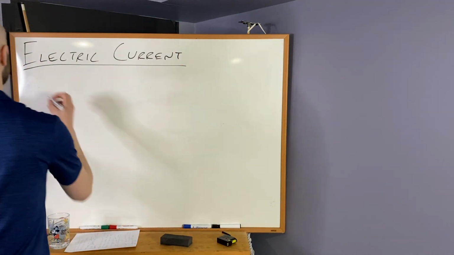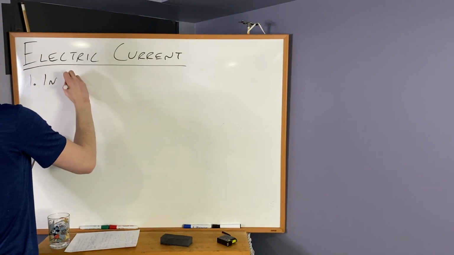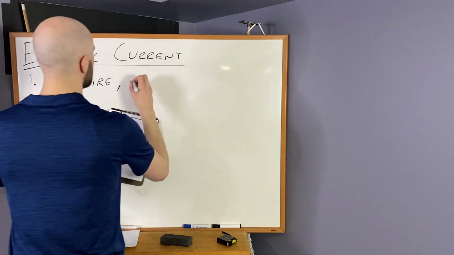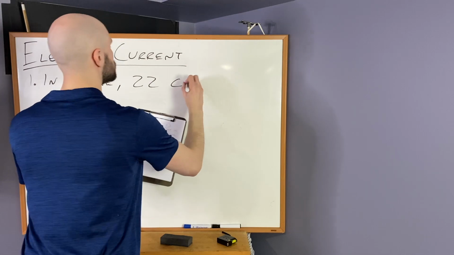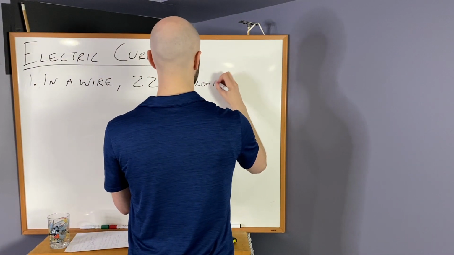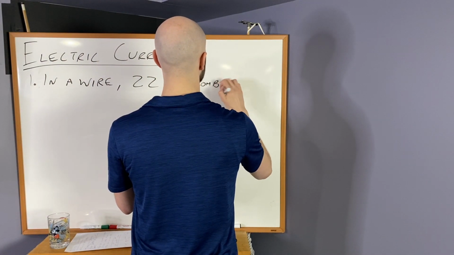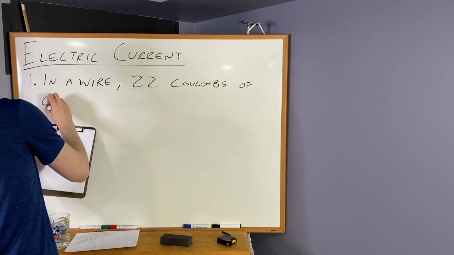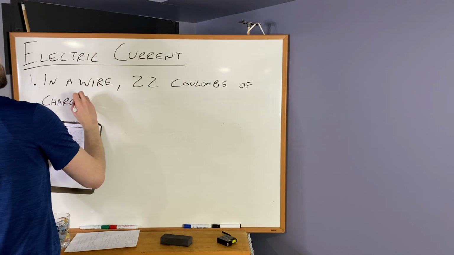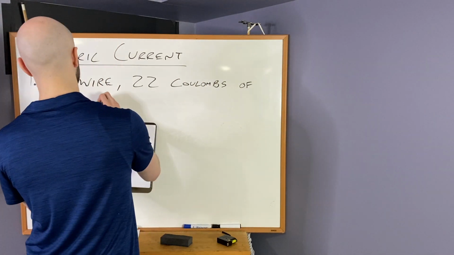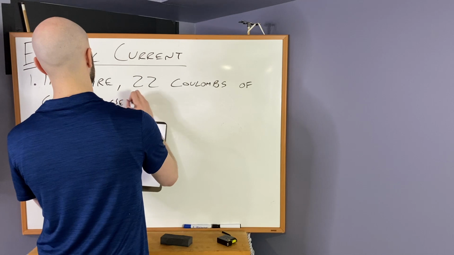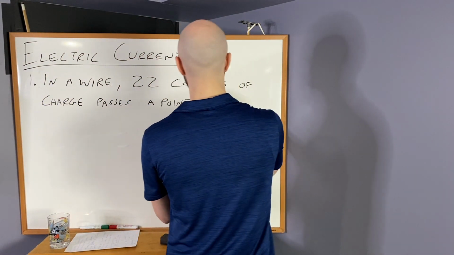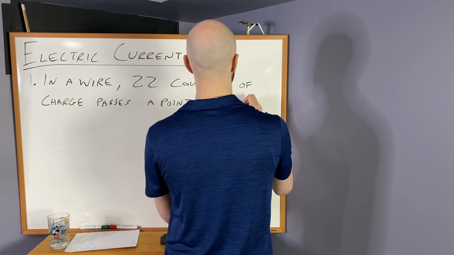Let's try a question. In a wire, 22 coulombs of charge passes a point in 4 seconds.